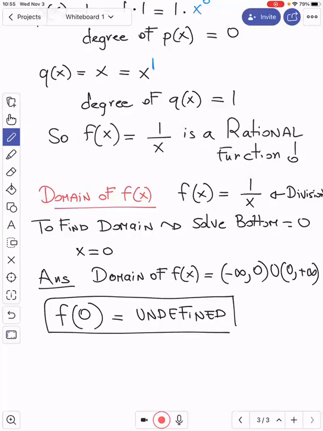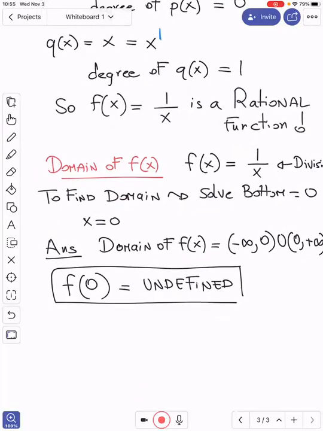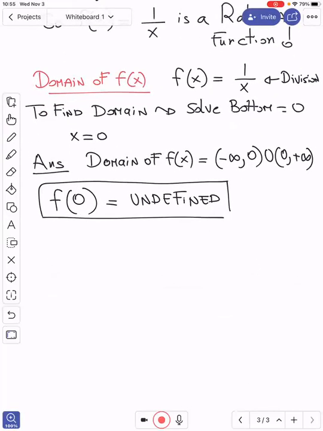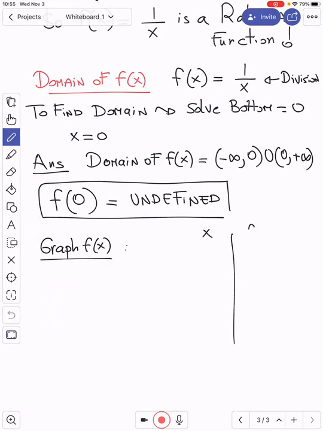All right, now let's graph this 1 over x. So I'm gonna just take some values. So let's graph now f of x. Okay, I'm gonna take some values of x.